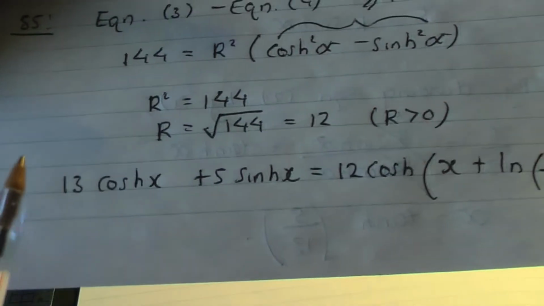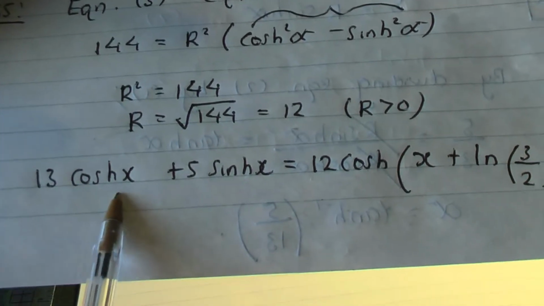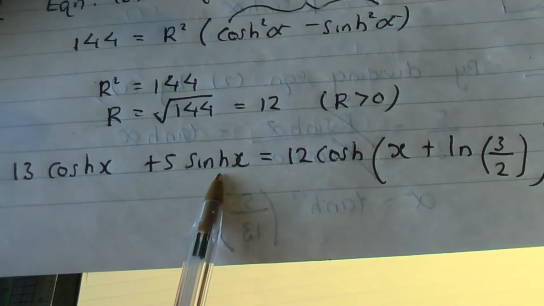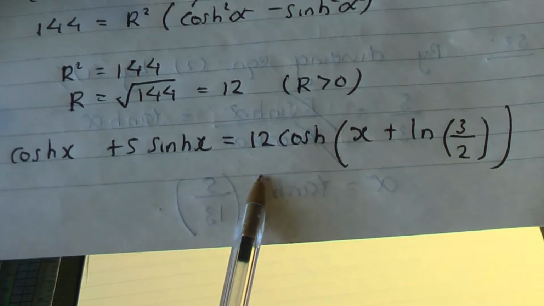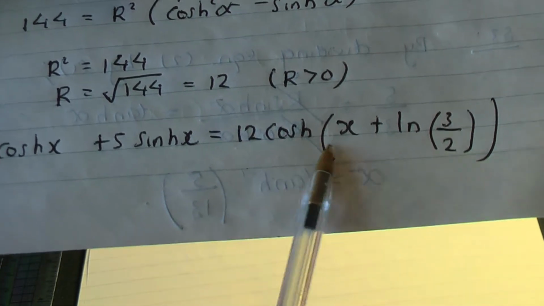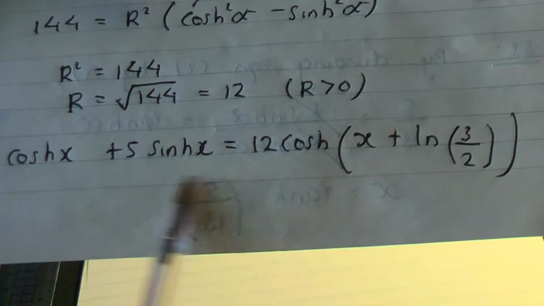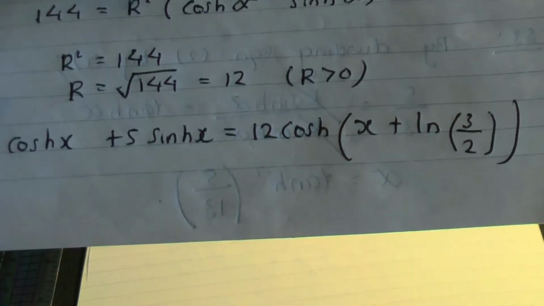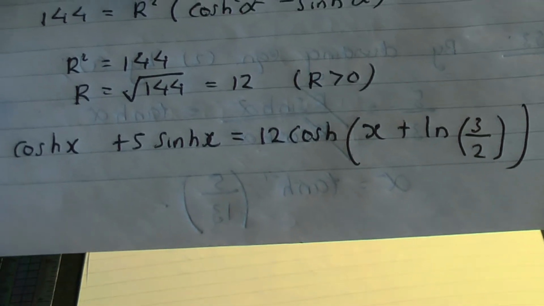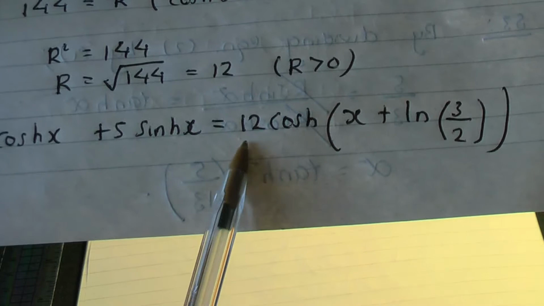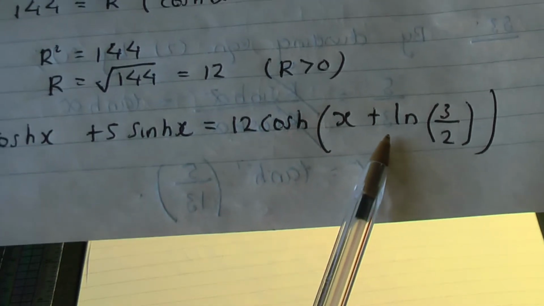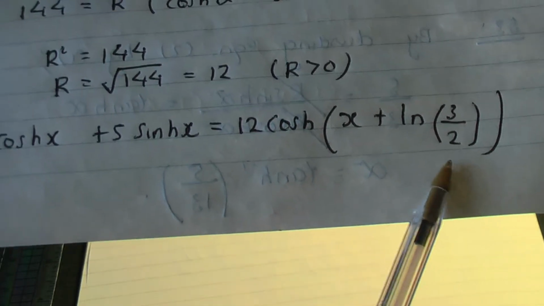In the video prior to the previous video, we went through how to write 13 hyperbolic cos x plus 5 hyperbolic sin x in the form r hyperbolic cos (x plus alpha). We did that particular part, and we found that r was 12, alpha was ln 3 over 2.